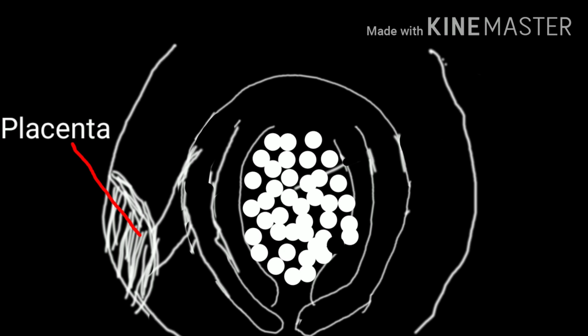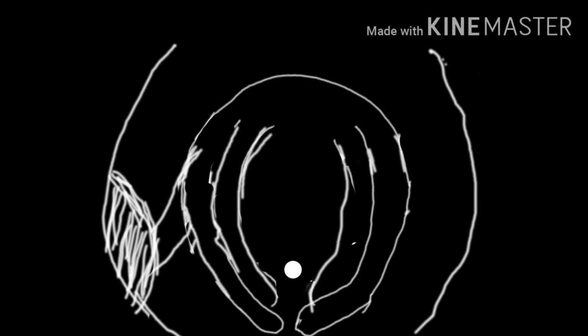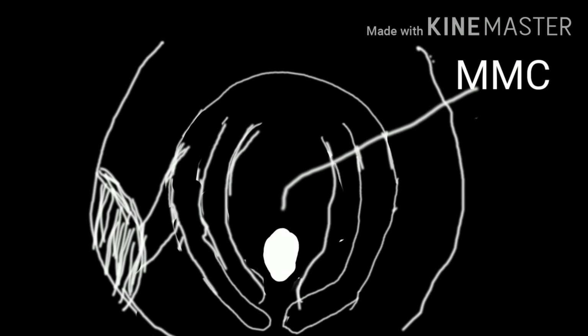During maturation, only one cell among the nucellus enlarges, which is present towards the micropylar end, and it changes into megaspore mother cell, that is MMC, and the rest of the nucellus cells degenerate and provide nutrition to the developing MMC.